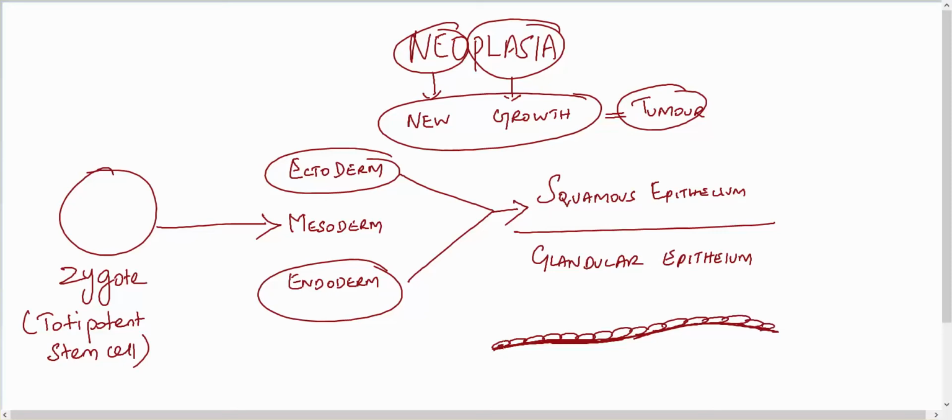The basal cells have the capacity to divide, so they have a large nucleus. They divide and form another group of cells called spinosal cells.